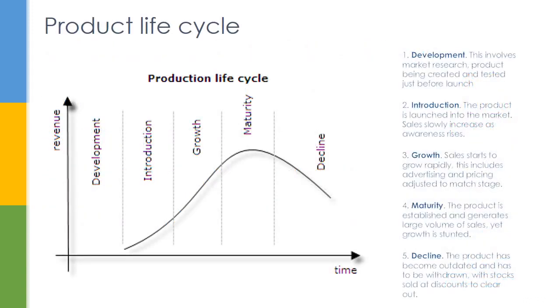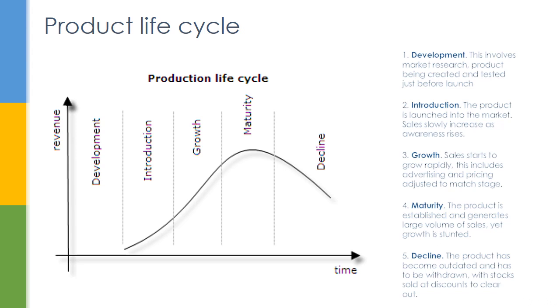We move on to trying to understand what a product life cycle is. So what exactly is a product life cycle? Every product has stages. It goes from initial to decline.